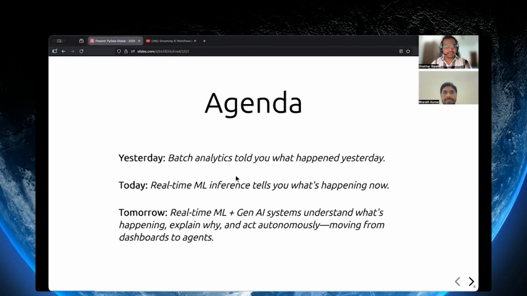Now we have real-time ML inferencing AI functionalities that Flink provides. And tomorrow, or maybe in the very near future, we will have real-time ML Gen AI systems that can understand the events and act accordingly.